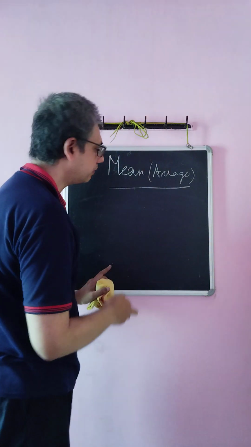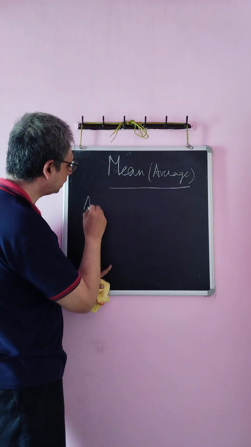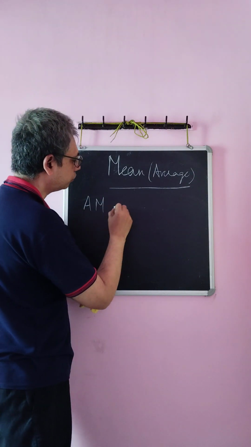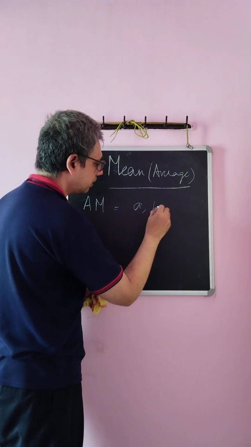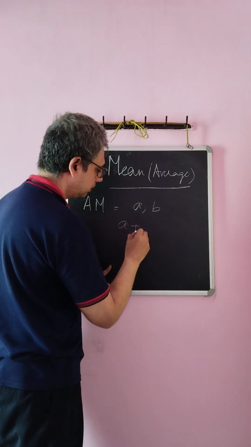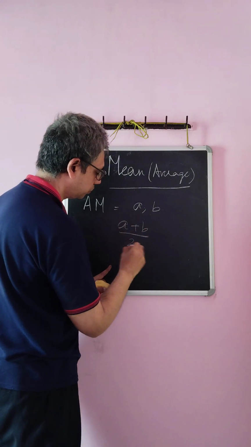Likewise, when it comes to the means, we know that the arithmetic mean of two numbers A, B is nothing but A plus B by 2.